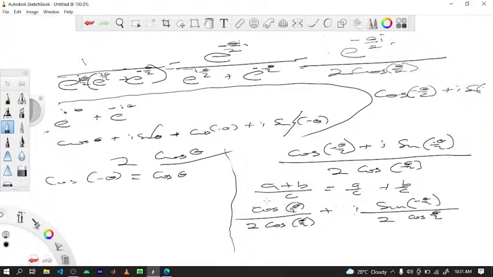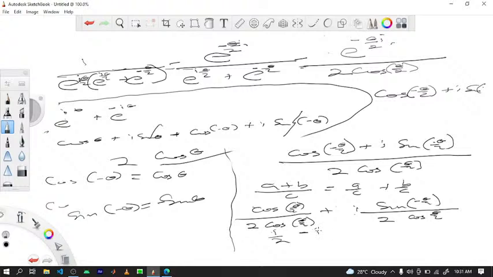Now we can see that this term here is going to give us half, right? Then in the sine, there is a minus over there, but for sine, if we have, let's say, sine minus theta, it's the same as minus sine theta. So this becomes minus, and then there is another sine over cos.